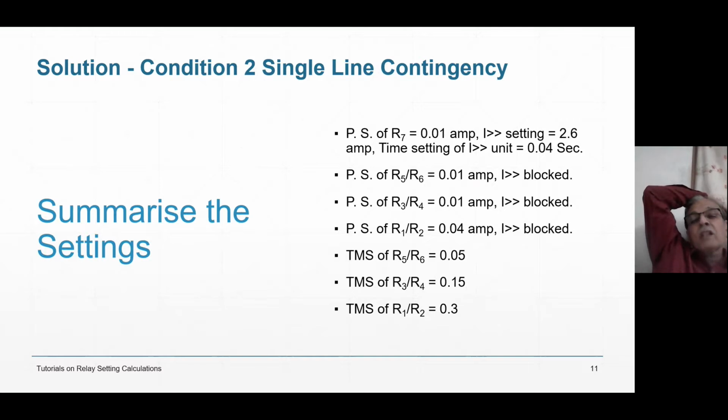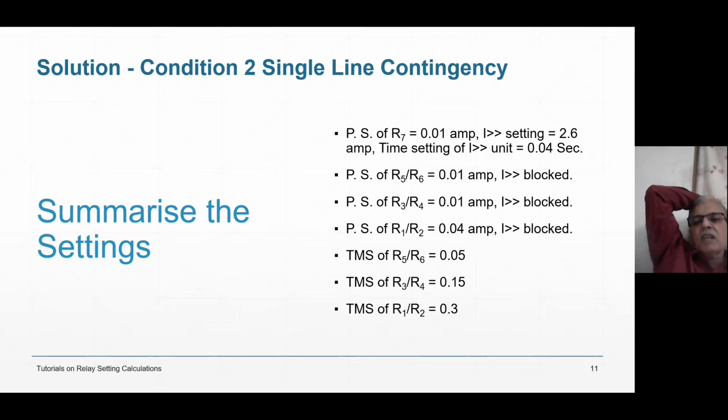So I will be able to make the relays more sensitive, and when a fault occurs, they will operate faster. R1, R2, 1.3 divided by 1.05 of 0.01, no doubt, considering excitation current etc., it is 0.04. TMS of R5, R6, 0.05. R3, R4, 0.15, based only on R7, right?